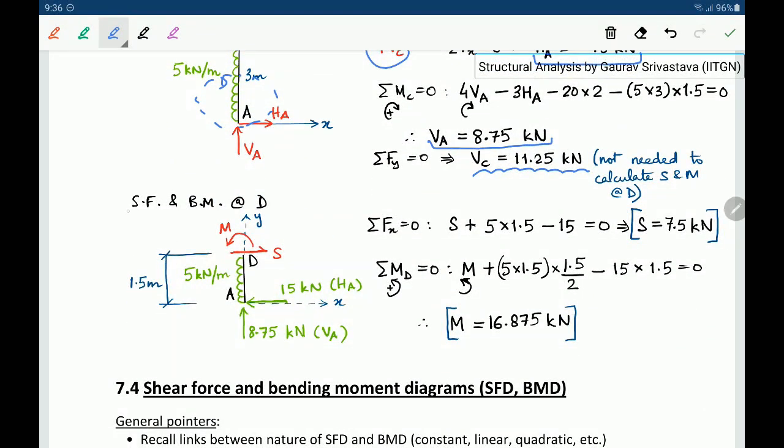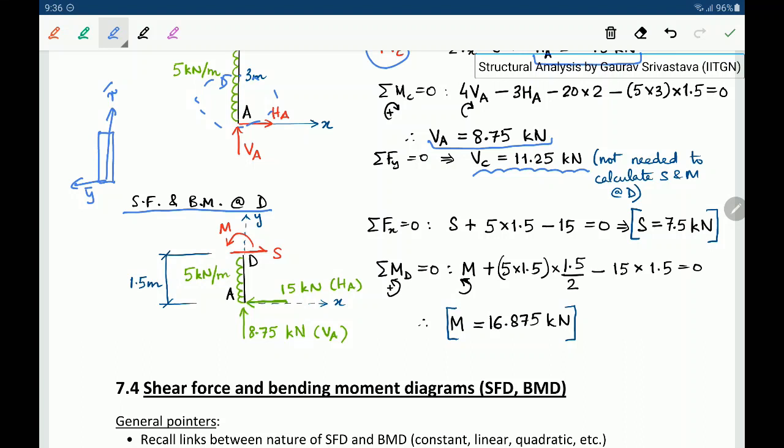Now the positive axis of Y is oriented like that. In general, we talk about the member axis. So this XY is the global axis. For this column AB, the local axis X is oriented like this, and the local axis Y is oriented like that.